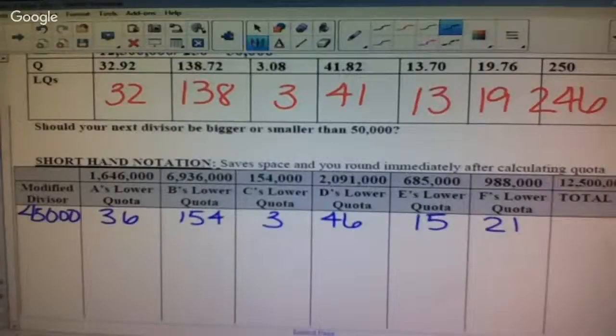It went too high, because you skipped putting in this.